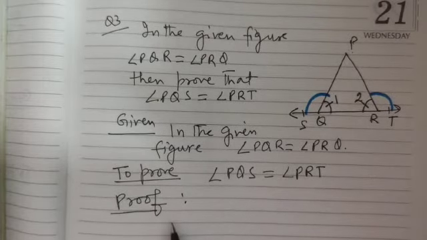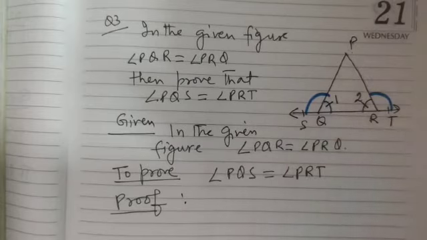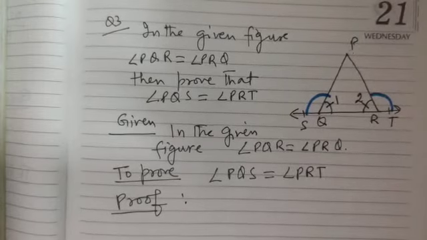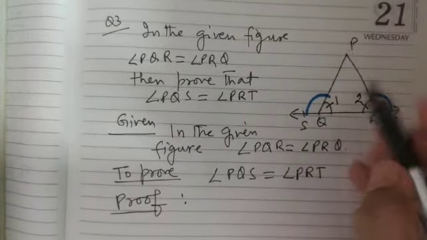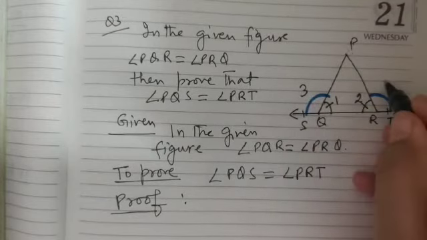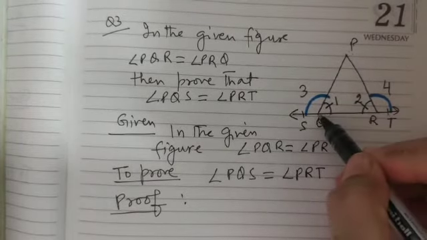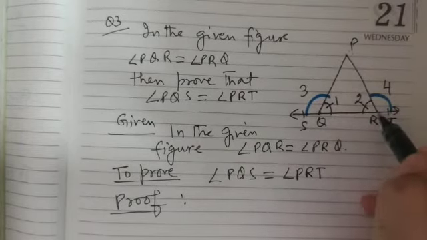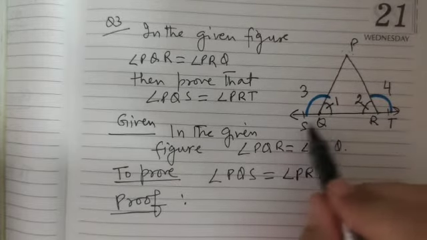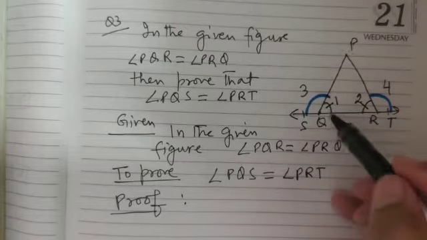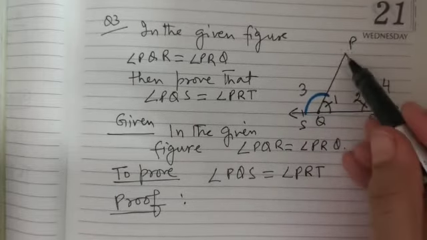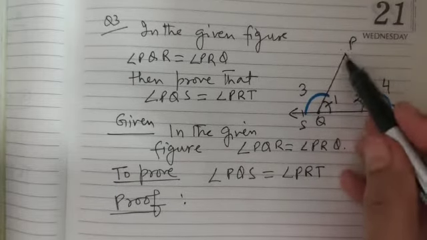Okay, so here you observe this figure carefully. Let me label this as angle 3 and this as angle 4. PQR is making a triangle and this is on the line ST. Can I say QP is a ray?